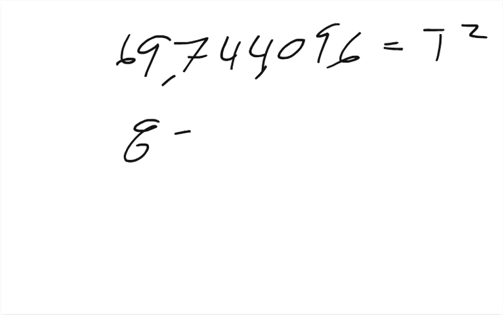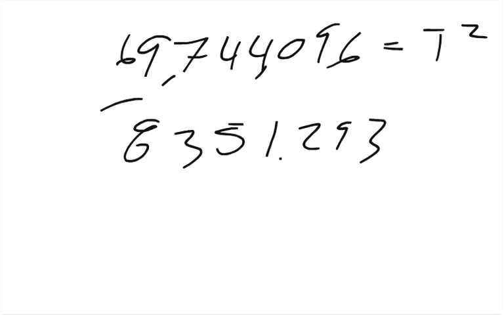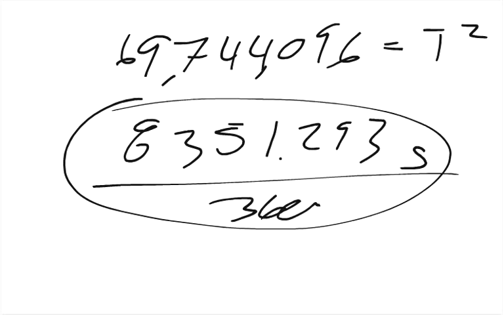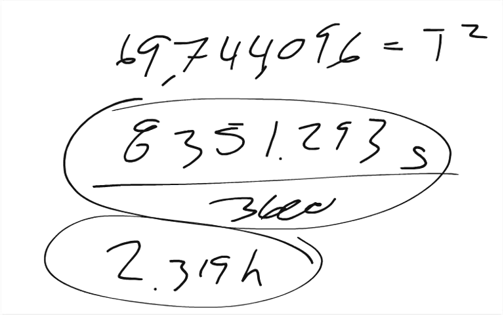The square root is 8351.293, and this is the time it takes the satellite to orbit, in seconds. It wants hours, so we divide this by 3,600, and the answer is 2.319 hours. So it takes roughly 2.3 hours for this satellite to orbit the Earth one time.